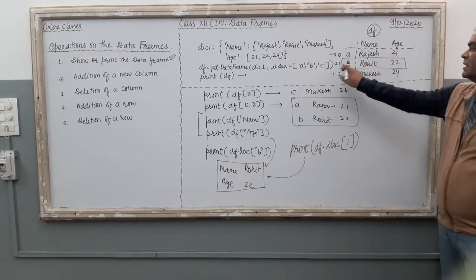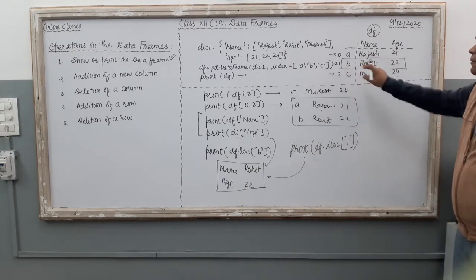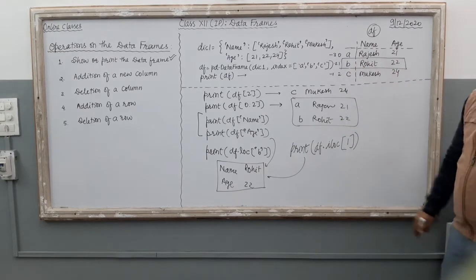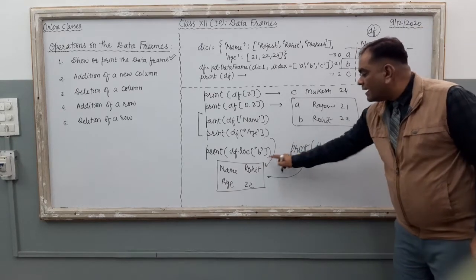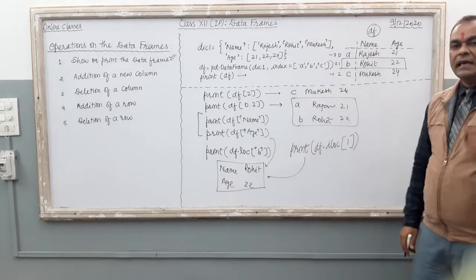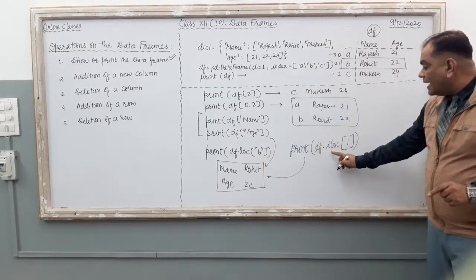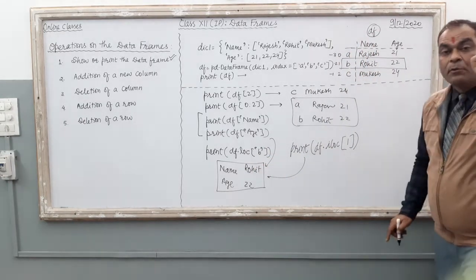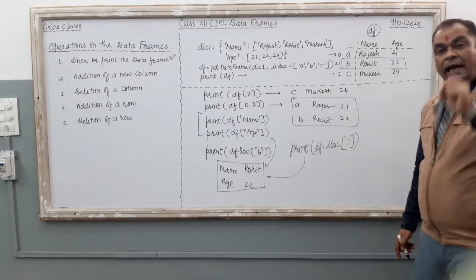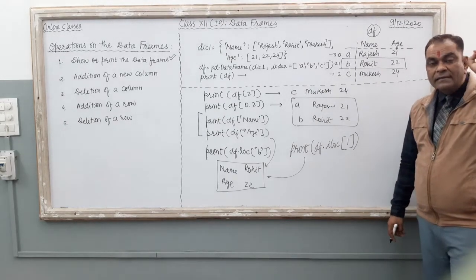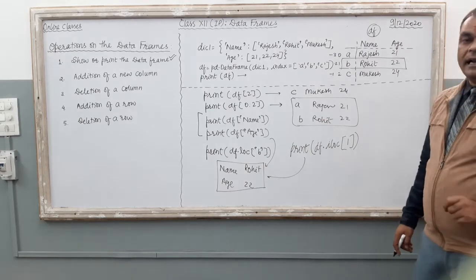One means the record of index value B, Rohit and 22, it will be there. So both the commands generate the same output. Just keep this much in mind. LOC works on the index name, whereas ILOC works on the index position. Right? Either you can supply the forward indexing or you can supply the backward indexing.